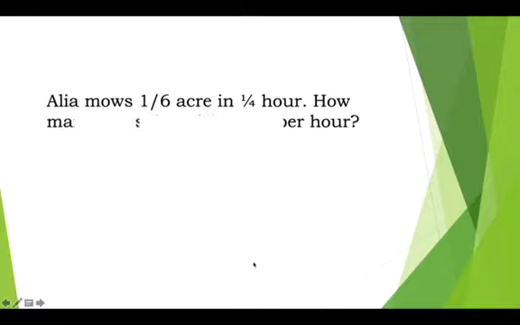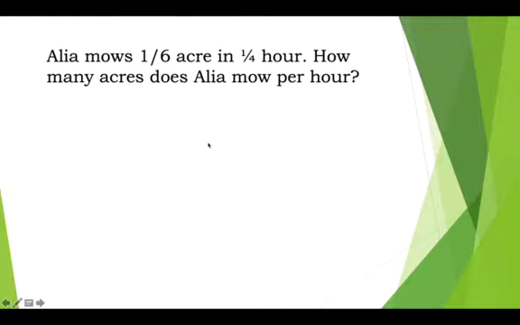Let's see one question. Alia mows 1 over 6 acre in 1 over 4 hour. How many acres does Alia mow per hour? So you need to find the unit rate. You have to take it as a ratio or rate, which is 1 over 6 over 1 over 4. So you need to make the denominator 1.